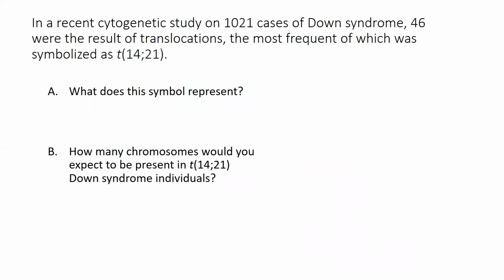So this is another question. In a recent cytogenetic study on 1,021 cases of Down syndrome, 46 were a result of translocations. The most frequent was symbolized as T(14;21).